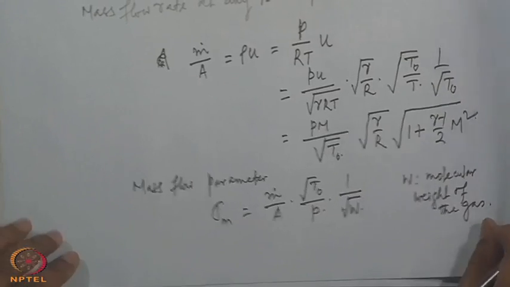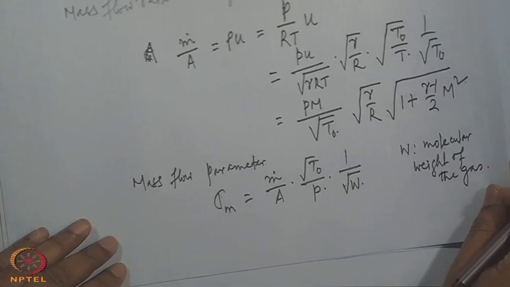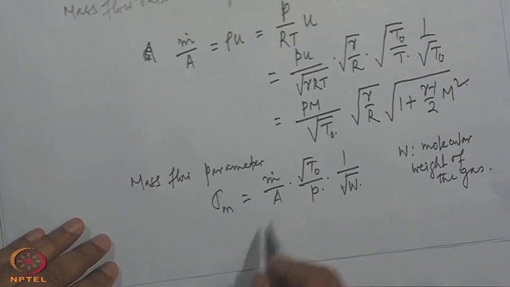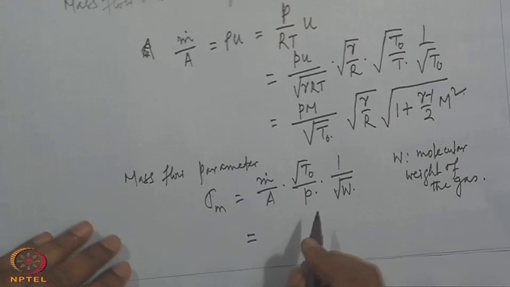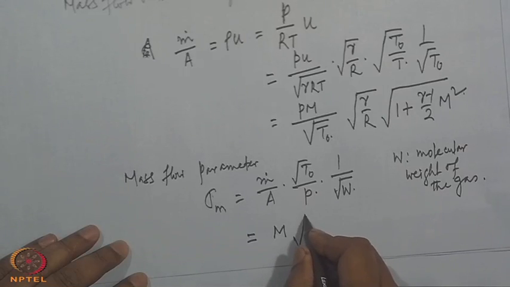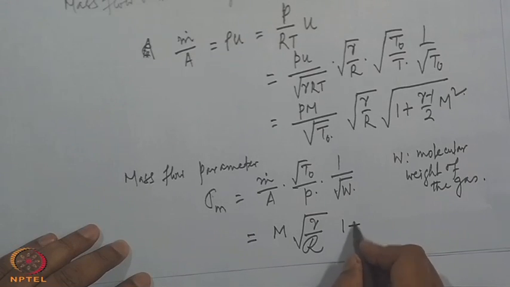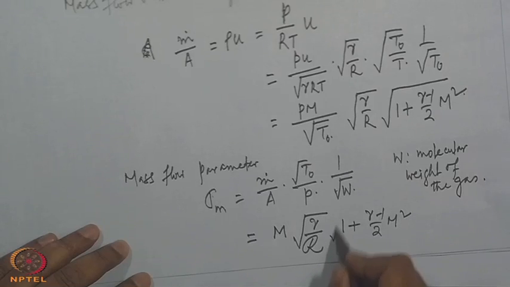Using this definition, here we can see that this becomes Mach number into root over gamma by R into 1 plus gamma minus 1 by 2 M square.